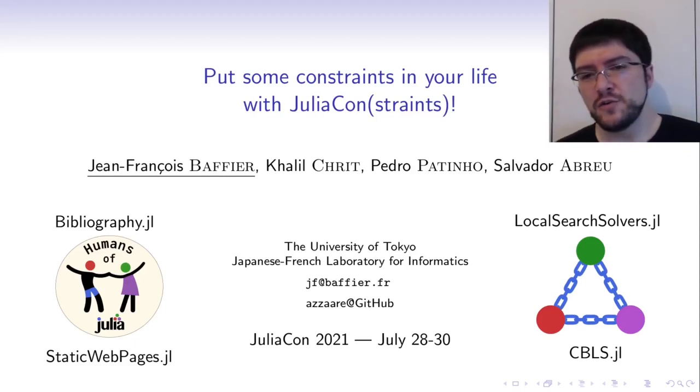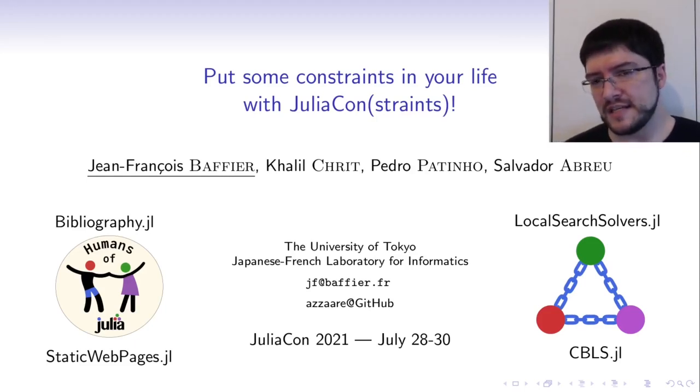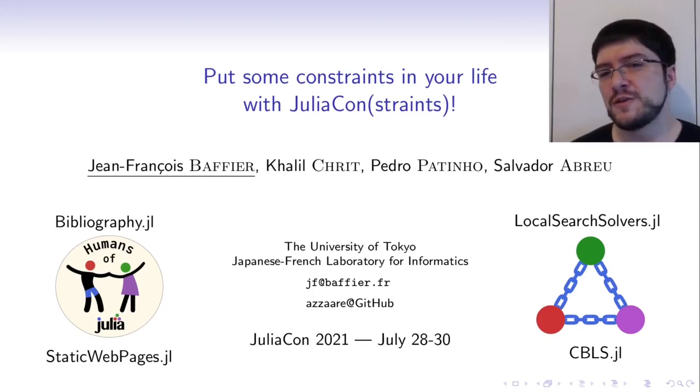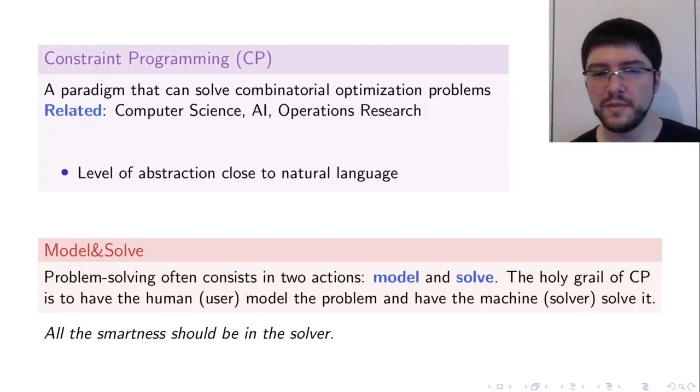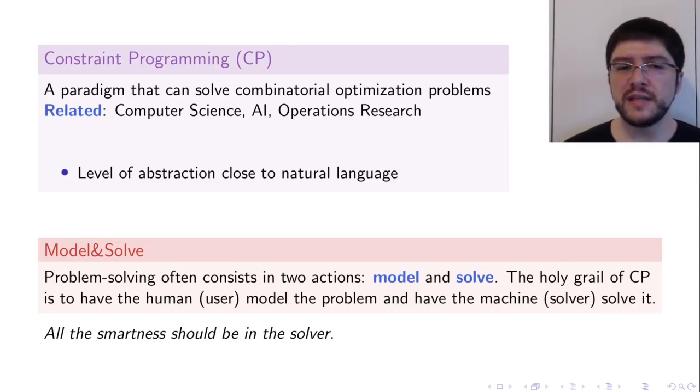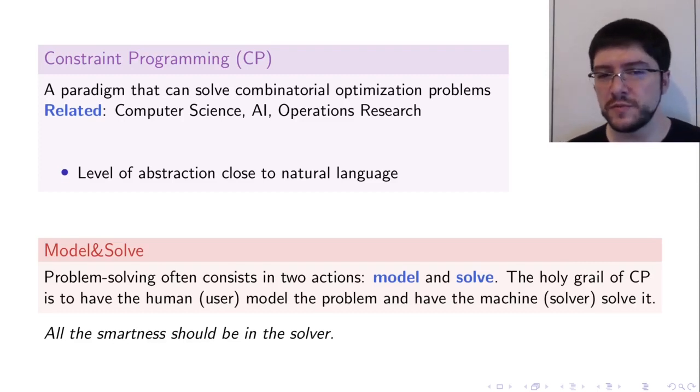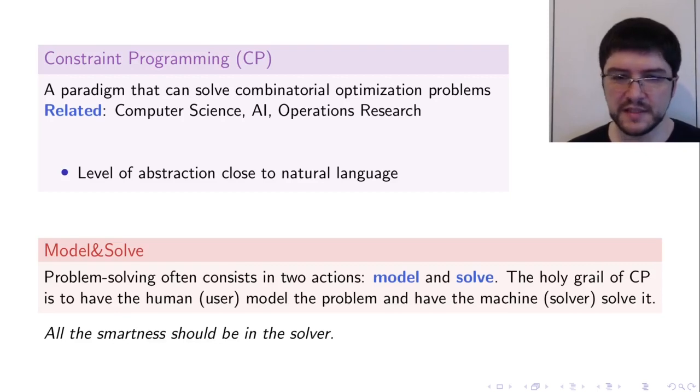Okay, so let me tell you a bit more about JuliaConstraints and attempt to provide some common ground for a constraint programming community in Julia. One thing maybe, what would be constraint programming? It's a paradigm that can solve combinatorial optimization problems, among other things.